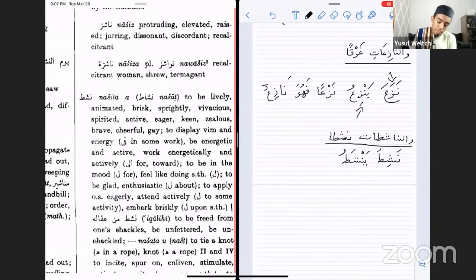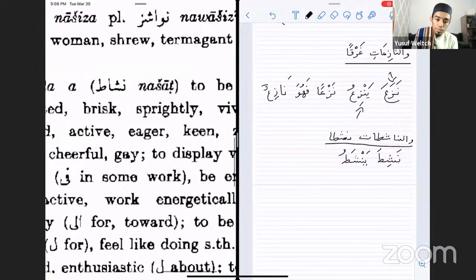In some words, you'll see that you can read it multiple ways, like yanshatu, yanshutu. You'll see A and U and I are all there, but usually it's not like that. What is my root noun here? In the parentheses, nashatun.